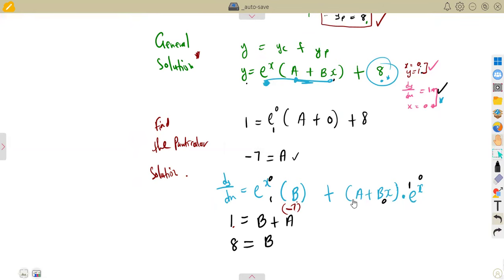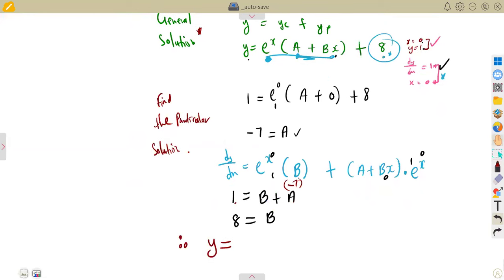Therefore, we can now write our particular solution as y is equal to e to the exponent of x, into a, which we calculated as negative 7, plus bx, with b being 8, so this is 8x, plus 8.